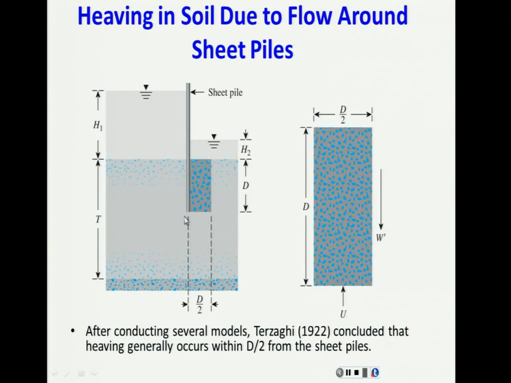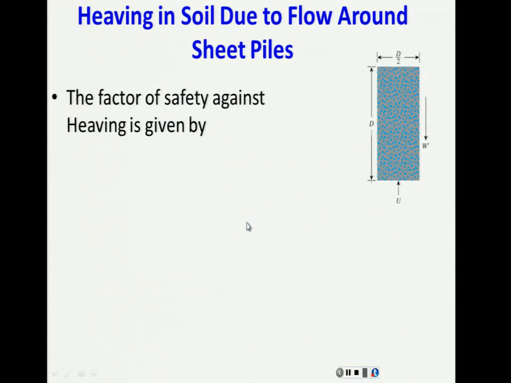Remember, then you're going to have a force building up at that point. So what we do is we put a filter, because a filter is going to provide me with more weight in that part, but at the same time it's going to let the water go freely, and it's not going to allow the washing of the grains, and it's not going to allow, up to a certain extent, that the soil loses the friction in this part.